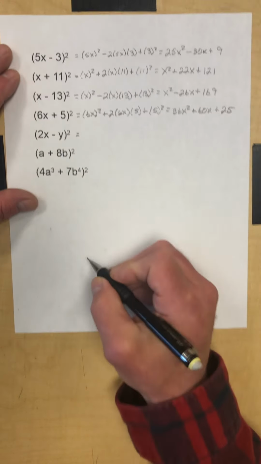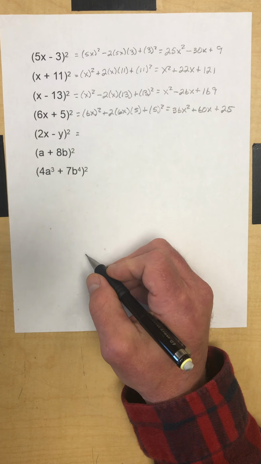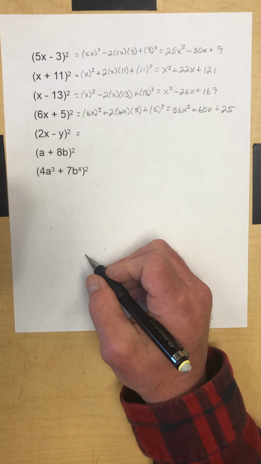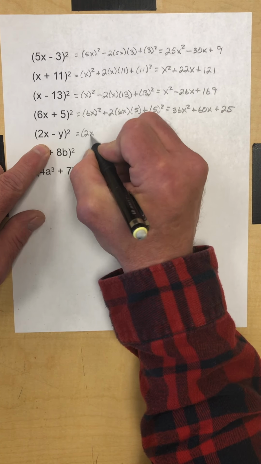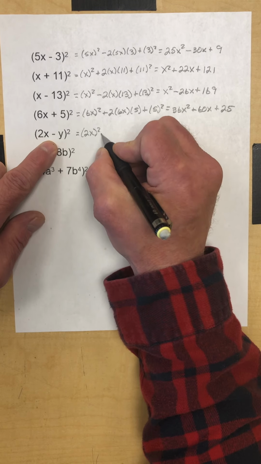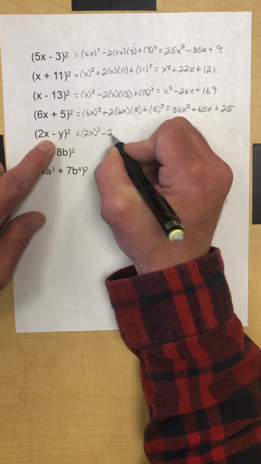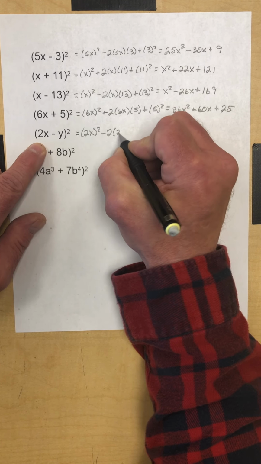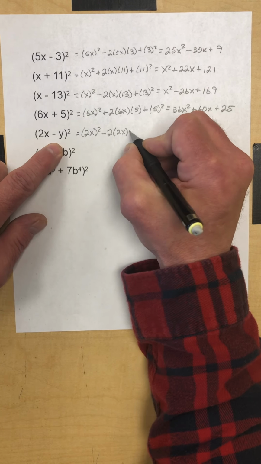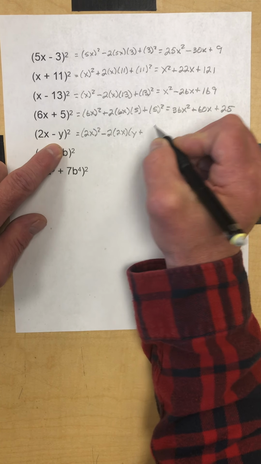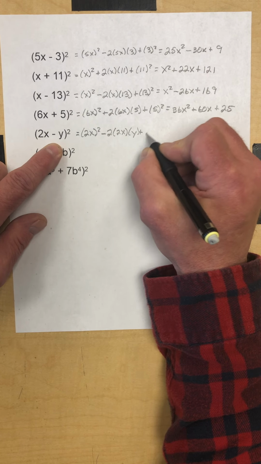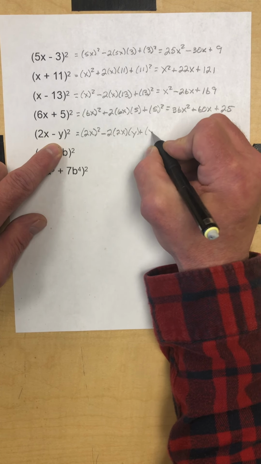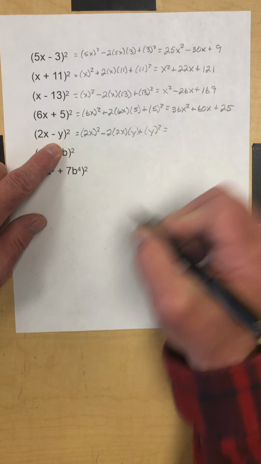Okay. Notice these guys down here, we have 2 different variables in there. Doesn't make any difference. It's still the same exact process. So take the first term and square it, 2x. Bring the sign over, minus. Middle term is always 2 times the first, which is 2x, times the second, which is y, plus, always, third term is always plus, okay, plus y squared, and then simplify.